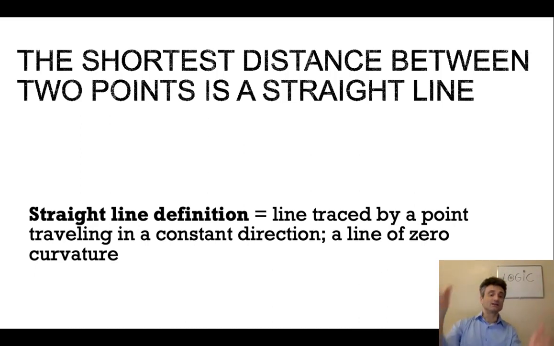And as I said, in curved space, for example, a curved line is the shortest distance between 2 points. So you don't define a straight line as the shortest distance between 2 points. Consequently, the shortest distance between 2 points is a straight line is a synthetic proposition.